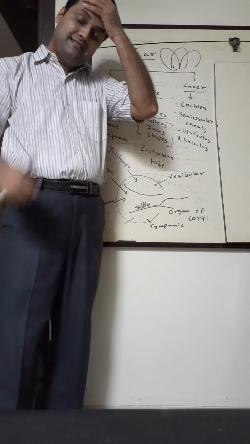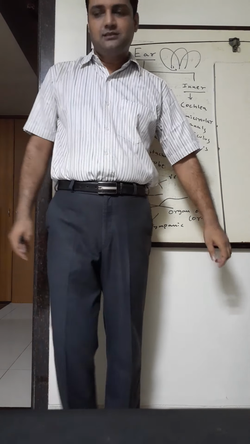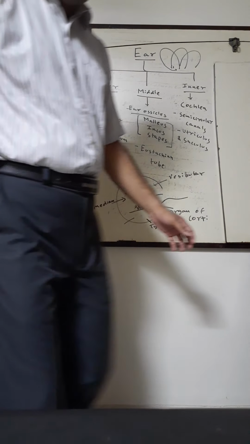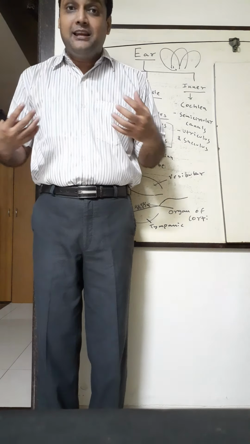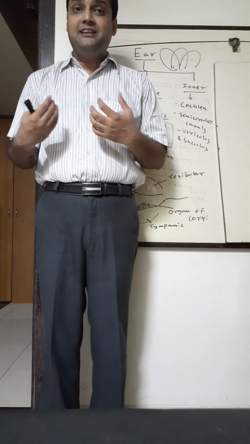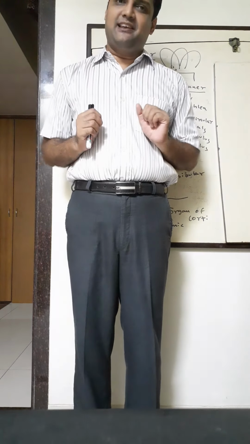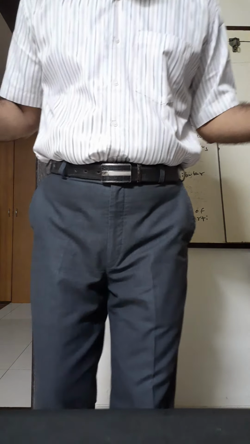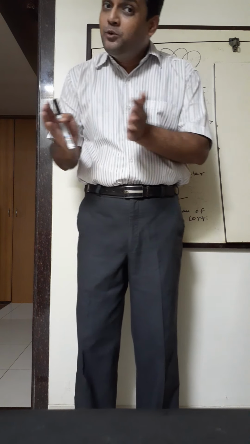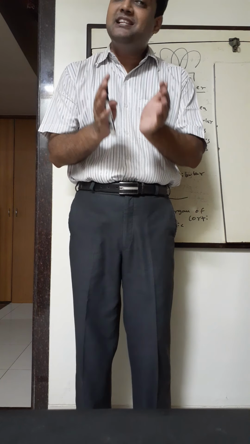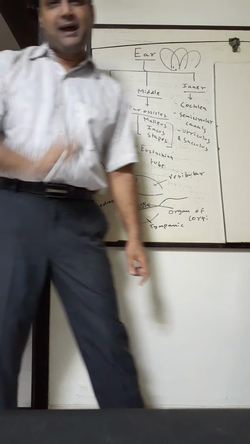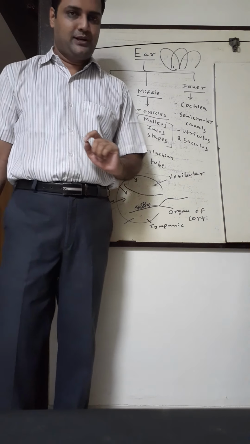What is the function of the semicircular canals? See, moving from one place to another. Whenever there is displacement, movement or change in position, the balance which I retain, I'm balancing now while moving, I'm not falling down. On movement from one place to another, the balance which is there is called dynamic balance. This is by the semicircular canals.